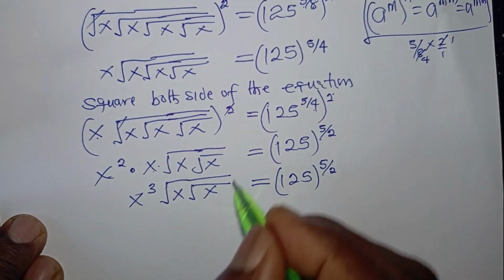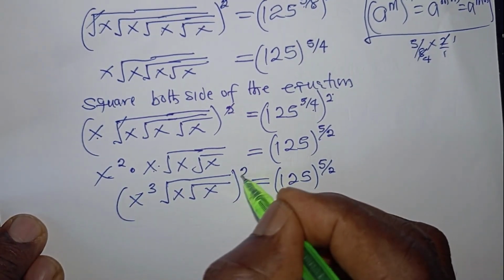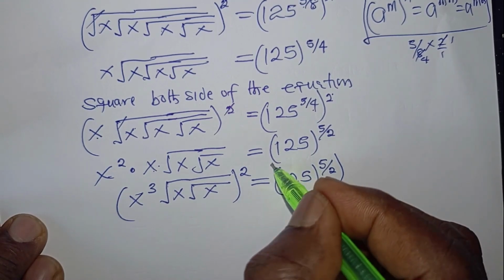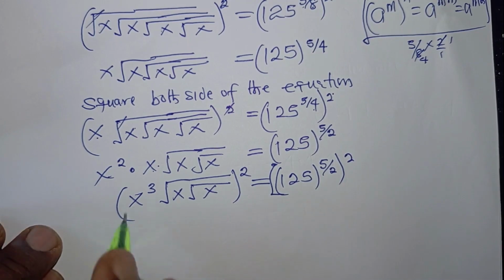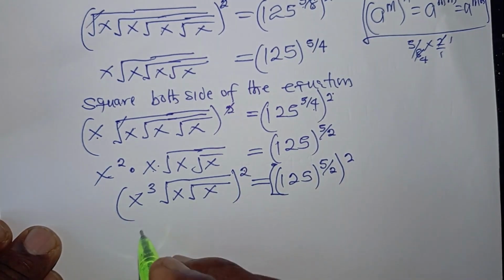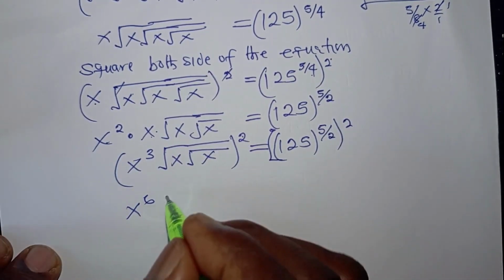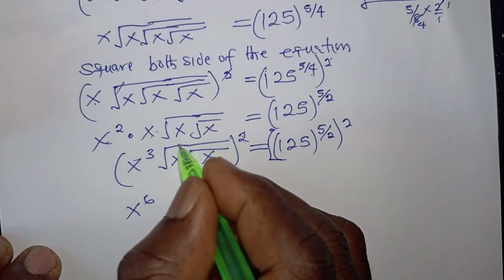So let's square both sides again. Square here and square here. When you square this one, here will become x to the power 6, and the square will cancel the square root here.